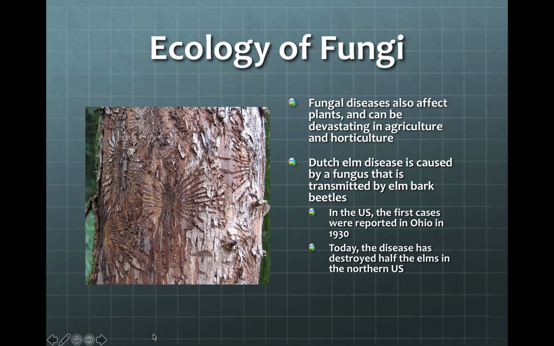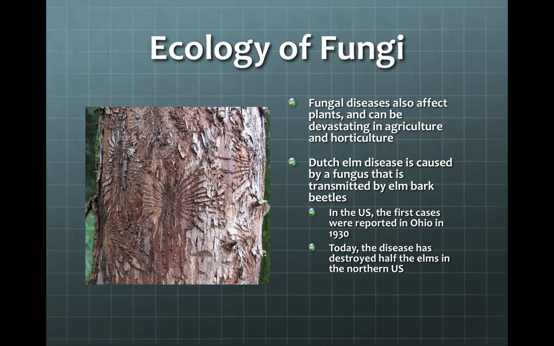All right, as far as plants are concerned, fungal diseases can affect plants, and a lot of times they're very devastating to agriculture. And one of the most common is Dutch elm disease. Chestnut blight, too. I don't know if you've ever heard of that, but chestnut blight is a problem. But Dutch elm disease, this is what it looks like. And it's transmitted by a beetle called the elm bark beetle.